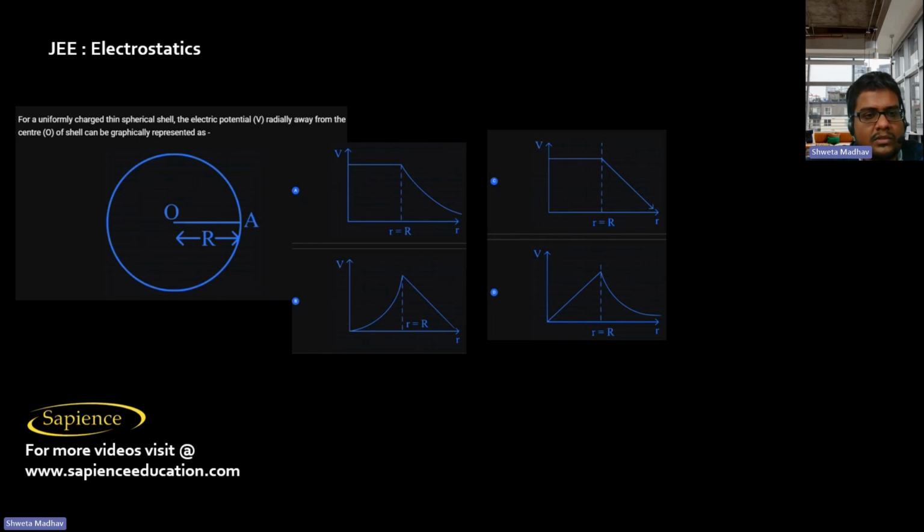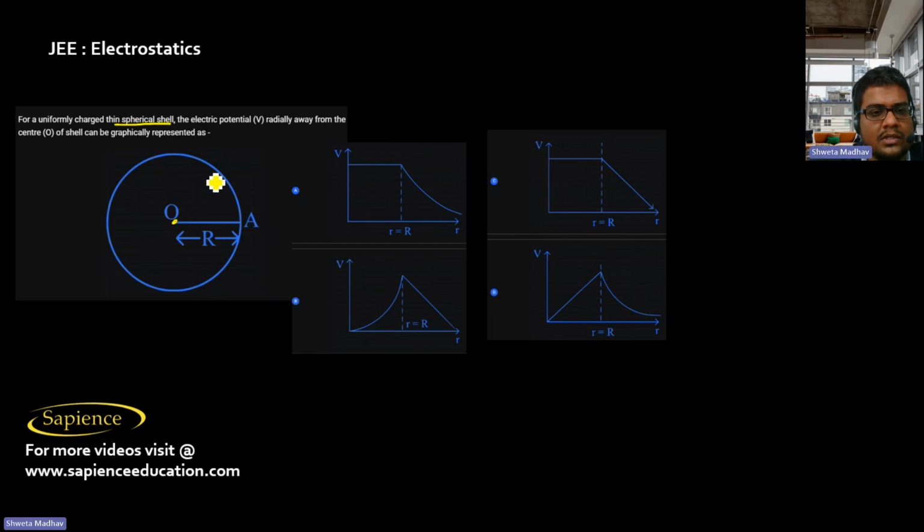Here it is told, for a uniformly charged thin spherical shell, the electric potential V radially away from the center of the shell can be represented as.